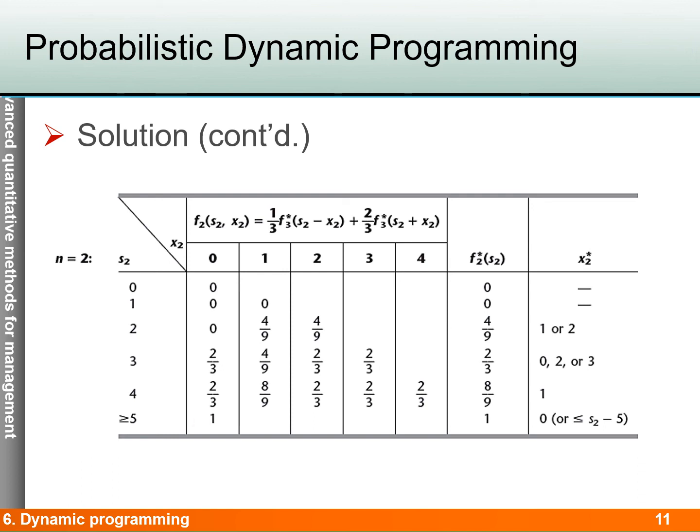Based on what we have, it's f3 star of 5 minus 0 and f3 star of 5 plus 0. These are 1 and 1. So multiplying by 1/3 and by 2/3, this part gives me 1.